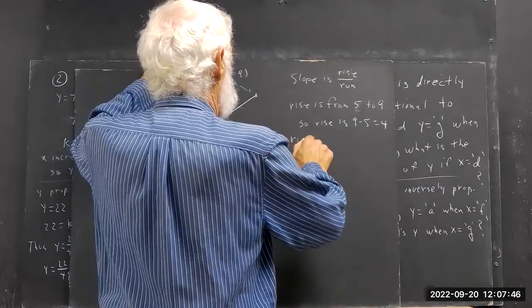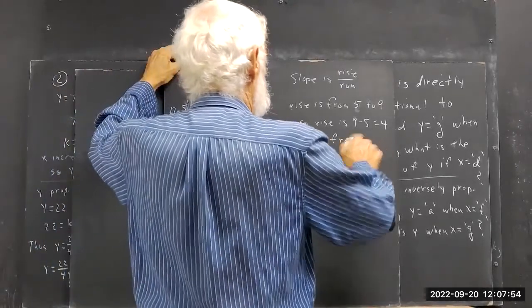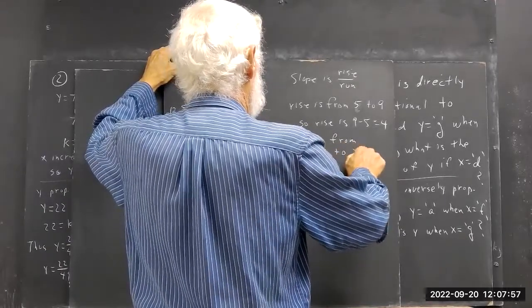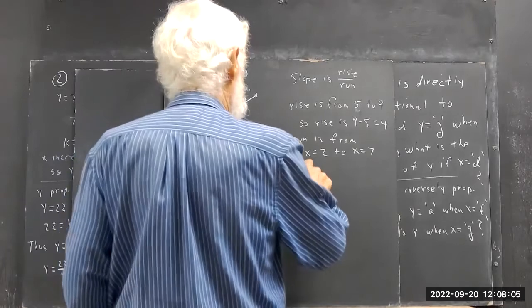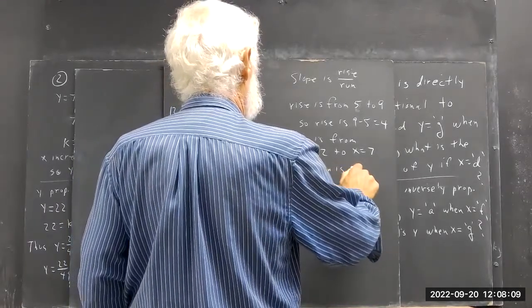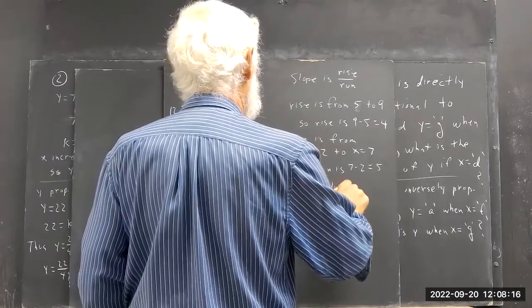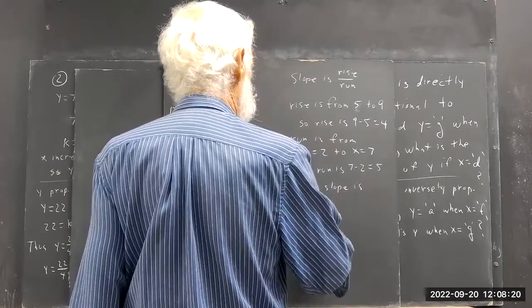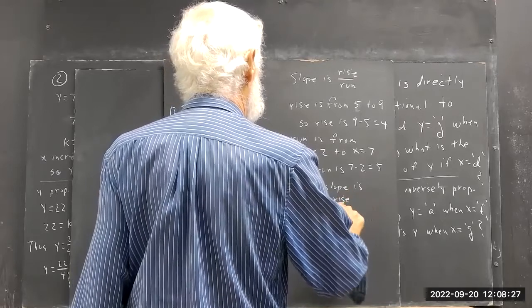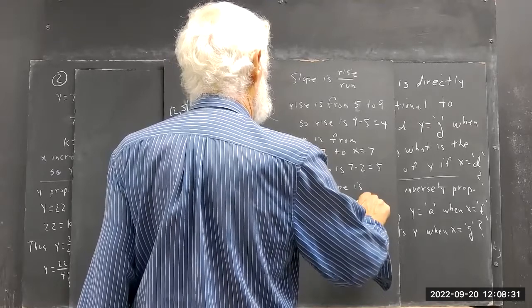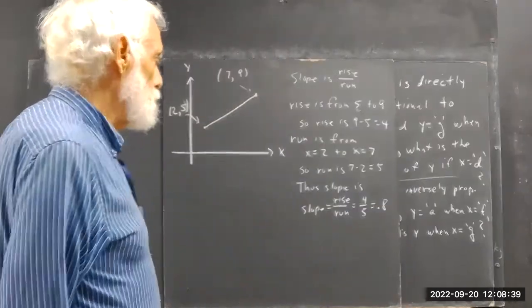The run is from x equals 2 to x equals 7. Okay, so the rise over run is 4 over 5, which is 0.8.